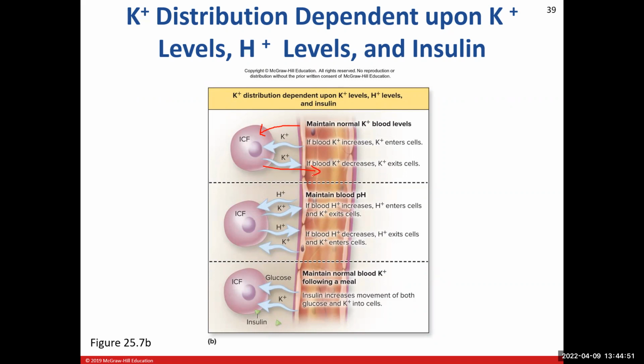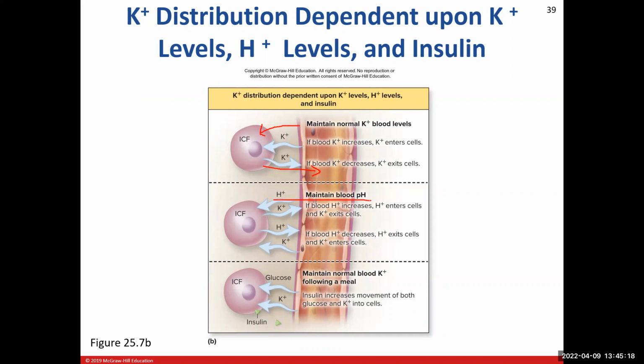Another way that we can redistribute or shift potassium in and out of the cells is when we're dealing with the pH of our blood. So if you notice, the pH of the blood starts to decrease because our hydrogen ion concentration increases, then we're going to move those hydrogen ions from the blood into the cells.